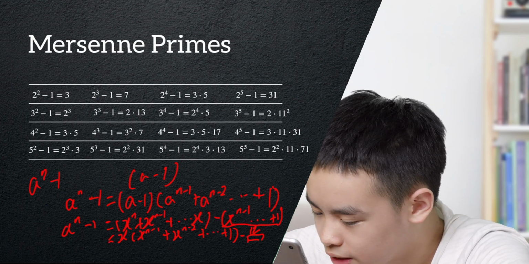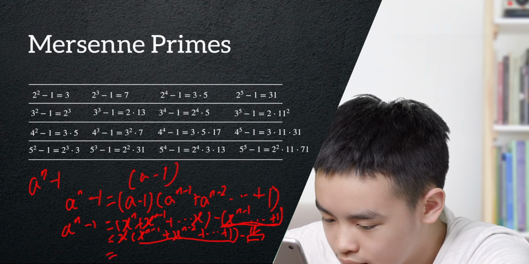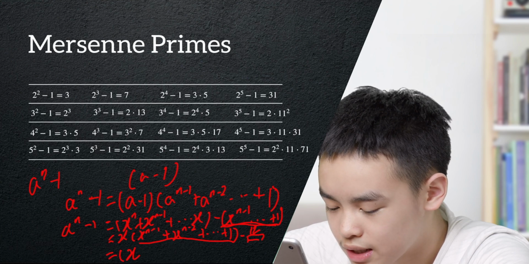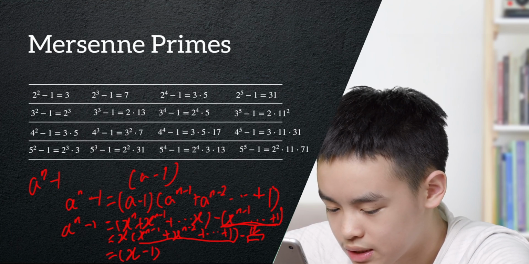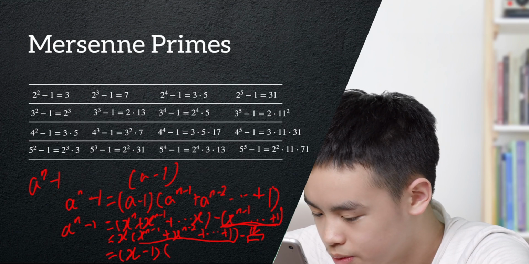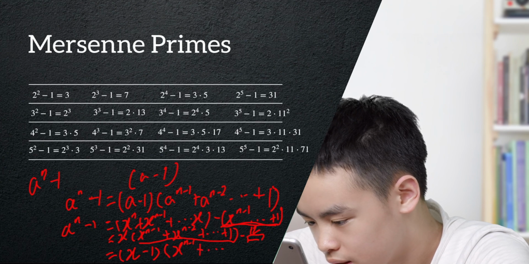After that, we find that this and this are the same terms. I was using x all the time, but just think that x and a are the same thing. All the way to 1.